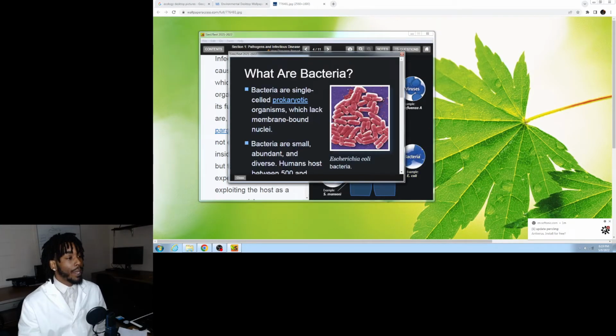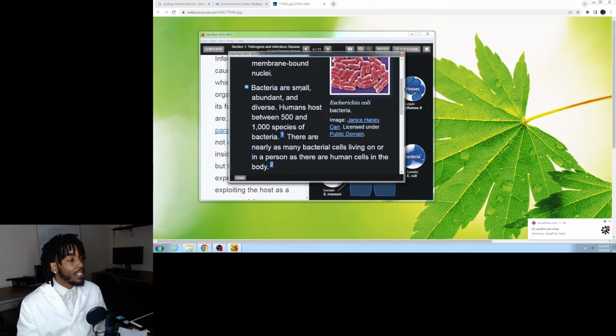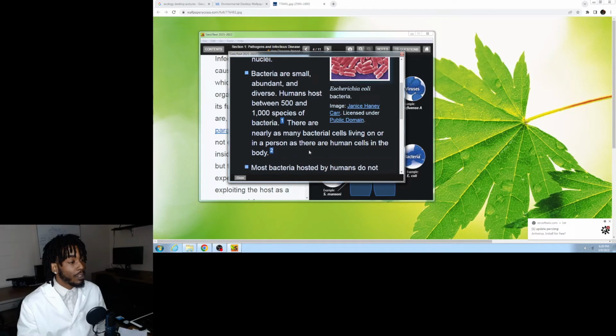And then let's go to bacteria. Bacteria are single-cell prokaryotic organisms which lack membrane-bound nuclei. Bacteria are small, abundant, and diverse. Humans host between 500 and 1,000 species of bacteria. There are nearly as many bacteria cells living on or in a person as there are human cells in the body.